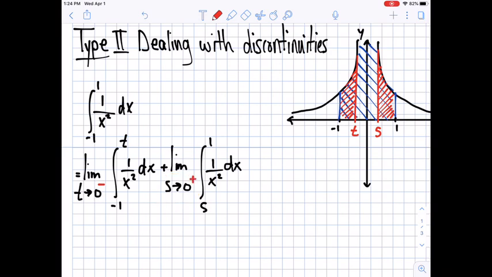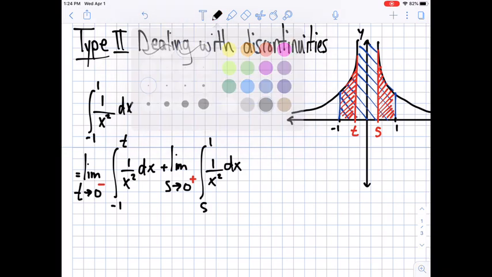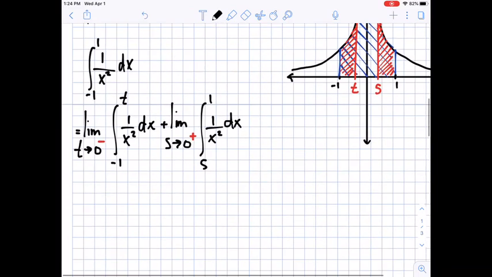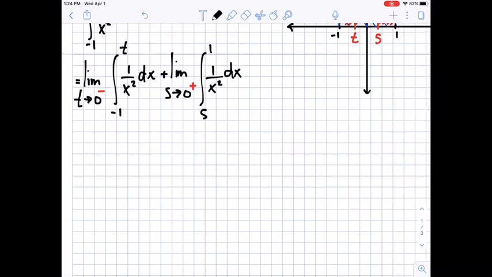Okay, and so whenever we're dealing with these discontinuities and we introduce the parameters, you will be dealing with one-sided limits, so make sure you set them up correctly. And now we can actually see what the value of this integral is supposed to be. So let's take a look. We will end up having to do two different limits.